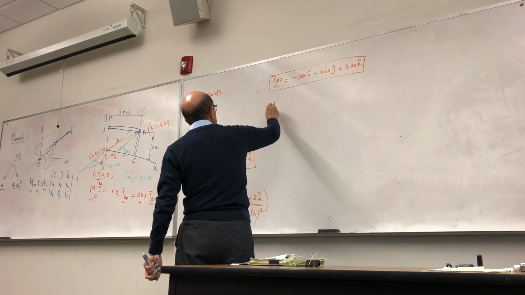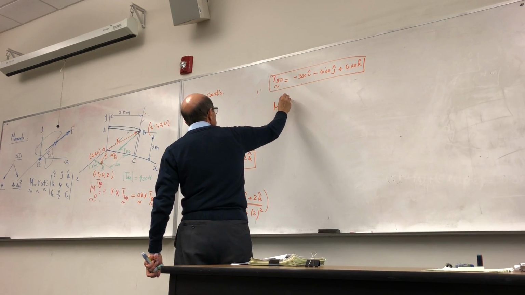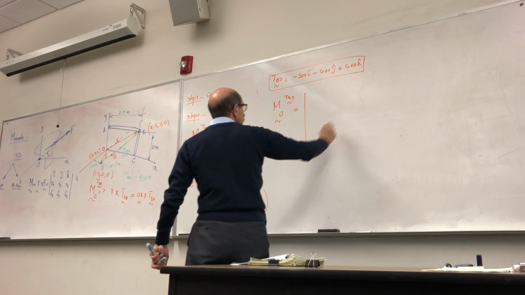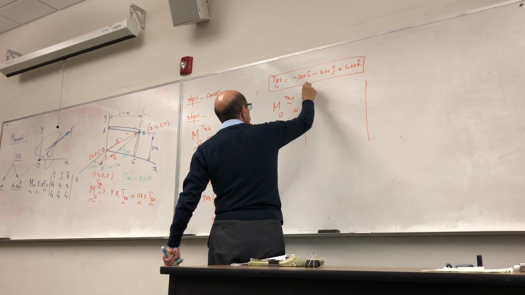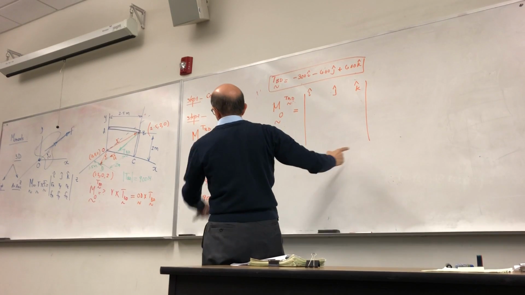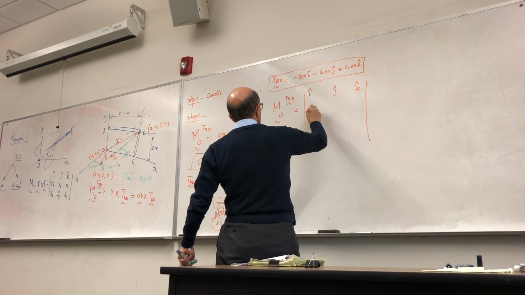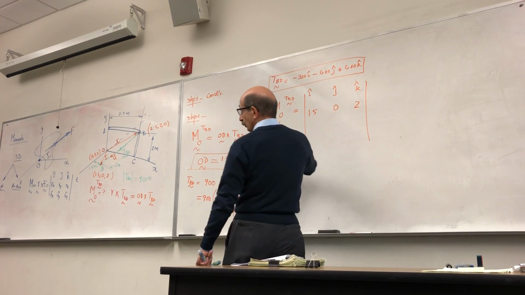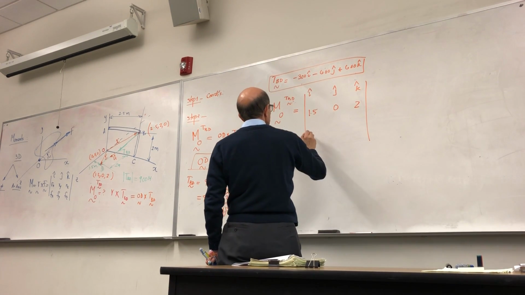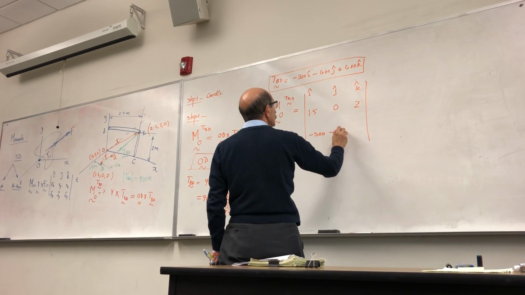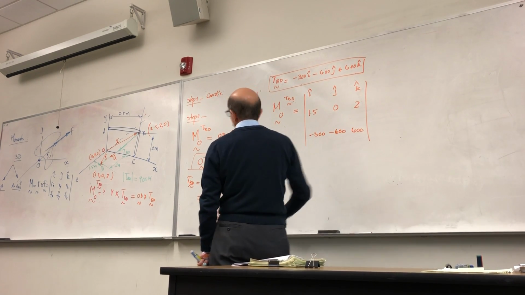So the moment of TBD about point O will be, set up the determinant, i, j, k. The second row is the position vector, 1.5, 0, 2. The third row, components of the force, negative 300, negative 600, positive 600.